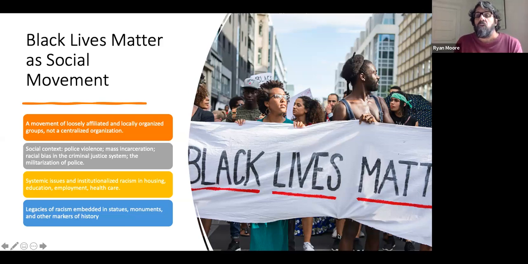The larger social context for this movement has to do again with police violence and with the larger forces that we talked about in the lecture on the new Jim Crow. That is to say, mass incarceration, racial bias in the criminal justice system, the militarization of the police, all of these trends that we've seen, that especially accelerated during the 1980s with the war on drugs.